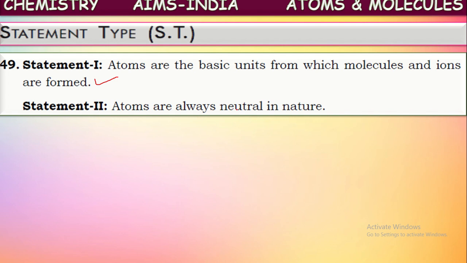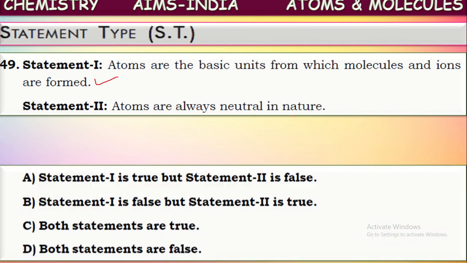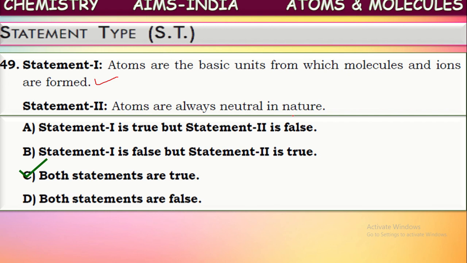Atoms are always neutral in nature. Can we say this is true? No. Atoms, of course, are neutral, because an atom contains an equal number of electrons and protons. So don't be confused here.